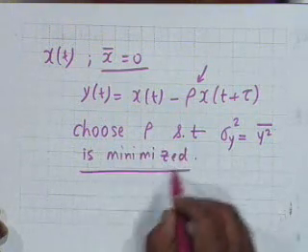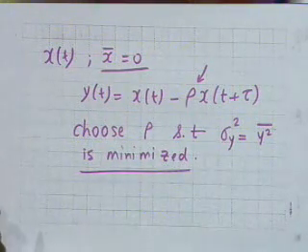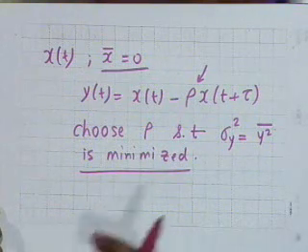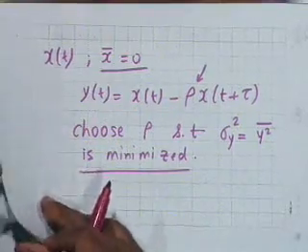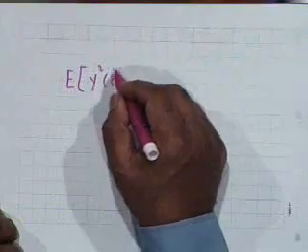This is the problem that we set ourselves, and we shall see that this brings in a physical interpretation of Rx of tau.